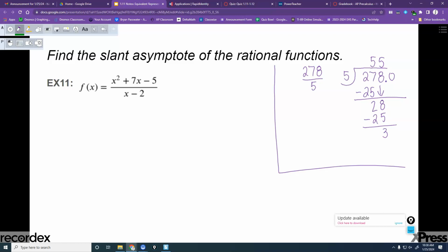And this is my preferred thing to do, and it's going to help us the most here: our remainder is 3, and the divisor was 5, so we can write it as a fraction, 3/5. Right? Just your remainder over the number you were dividing by. So this is going to be 55 and 3/5.